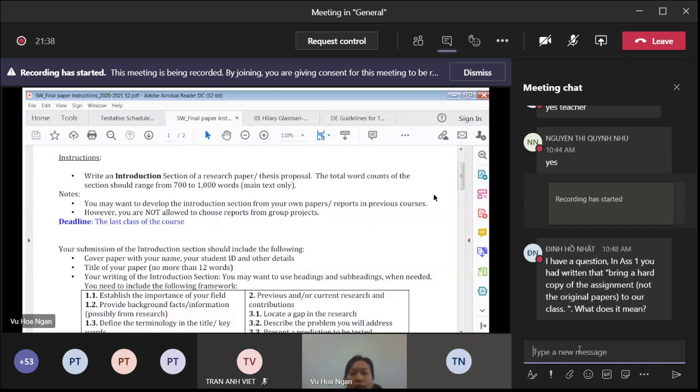Now this assignment number 1 expects you to collect resources, right? So you have the references, isn't it? That is the homework assignment, and the other one is original papers. I want you to have the original papers because some people may have the references without access to the full papers.